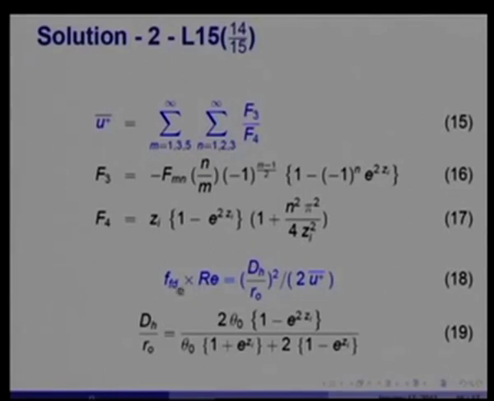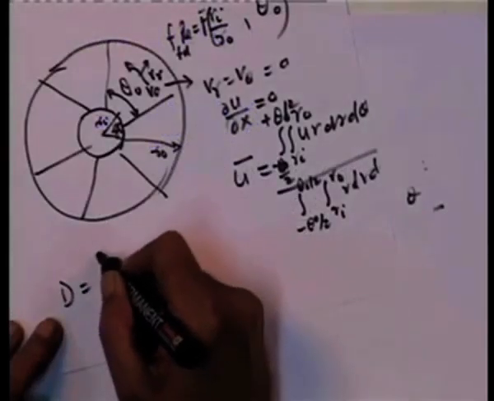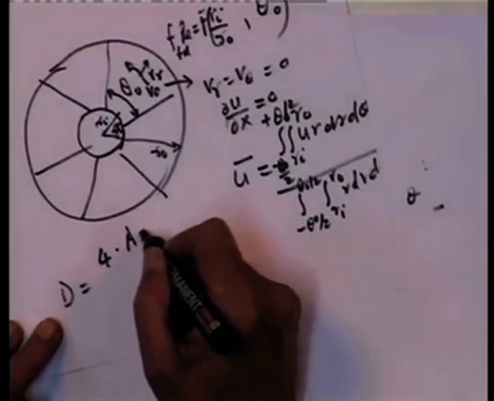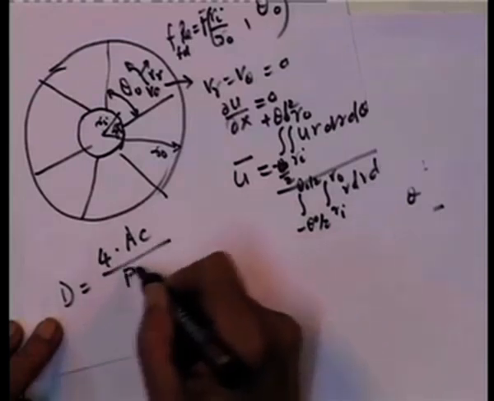And therefore, the friction factor multiplied by Reynolds number is simply d h by r o squared divided by 2 u bar star squared, where u bar is taken from there. The hydraulic diameter in this case, as you can see, looks like a very complicated evaluation, but the idea is very simple: d h is equal to 4 times the cross sectional area divided by perimeter.